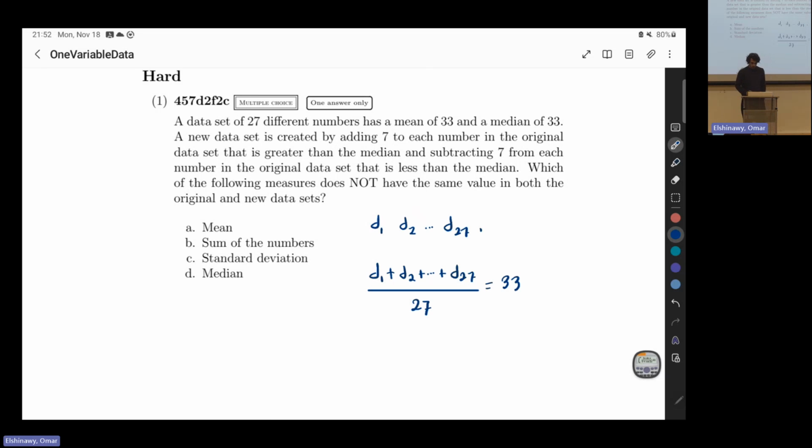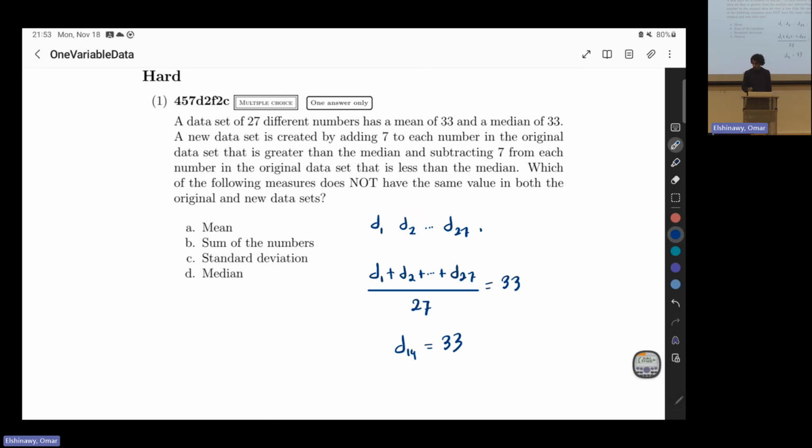And the median, which is the number that's right in the middle, you have 27 numbers, there's probably 13 before and 13 after. So it's just saying that the 14th, there are 13 before and 13 after, is also equal to 33.